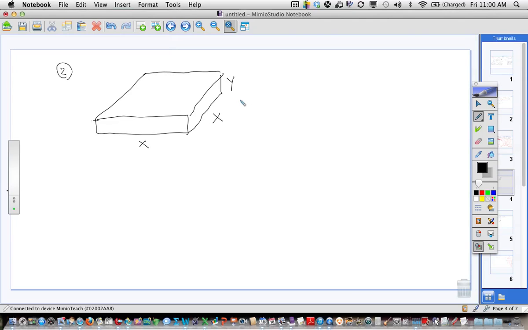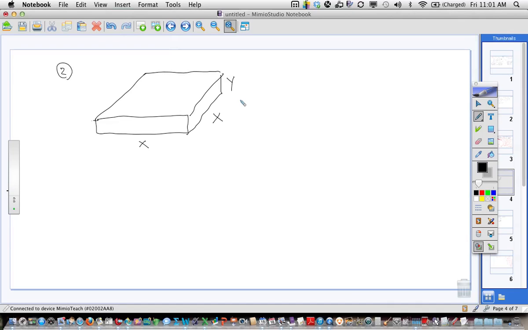But the restriction says that the long side plus the girth may not exceed 108 inches.